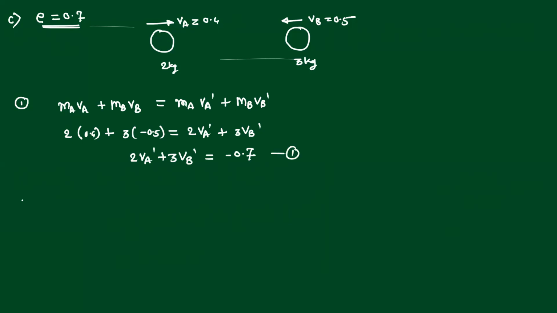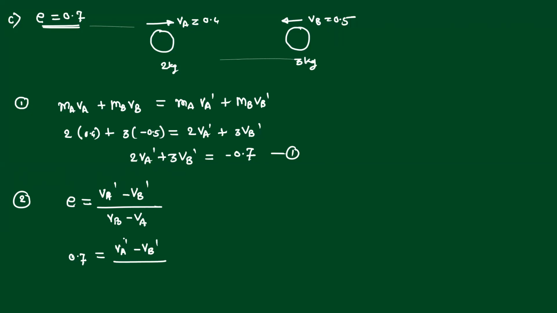Okay, now use the second equation, which is the coefficient of restitution. So E is equal to VA dash minus VB dash upon VB minus VA. Now here E value is given, this is 0.7. So VB is minus 0.5 minus VA, this is 0.4.